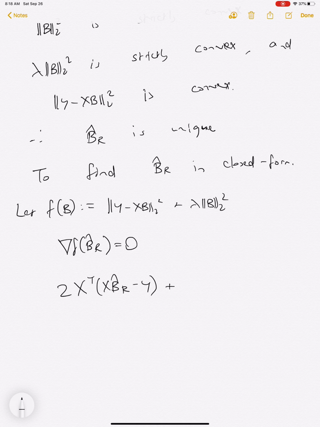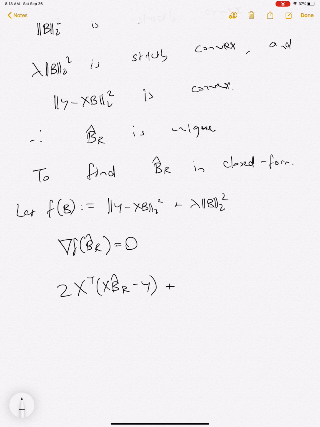If lambda was zero, we would just have the standard normal equations like we had before. And this is, as I mentioned, why we don't need that additional condition on the rank anymore, because we know that X transpose X plus lambda I is always invertible for lambda bigger than zero.